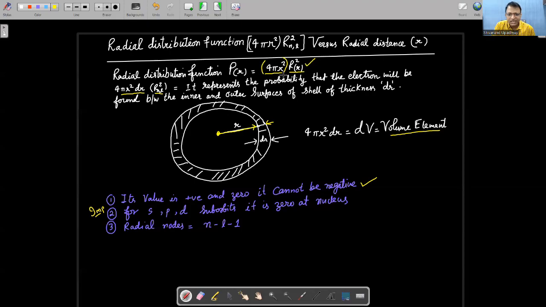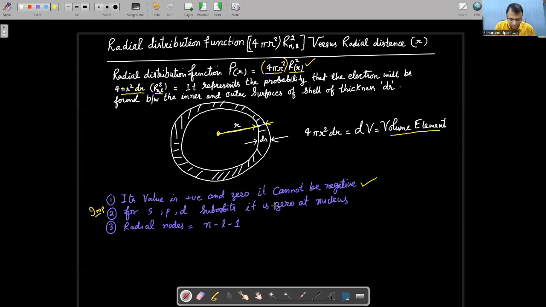For p and d, the reason is that the volume element is 0 at the nucleus, as well as R square is 0 at the nucleus. But for s, capital R square is non-zero, while 4 pi r square is 0, so the multiplication of that is equal to 0.